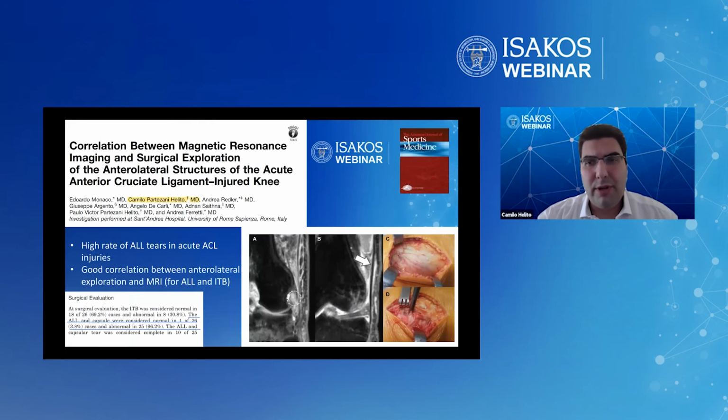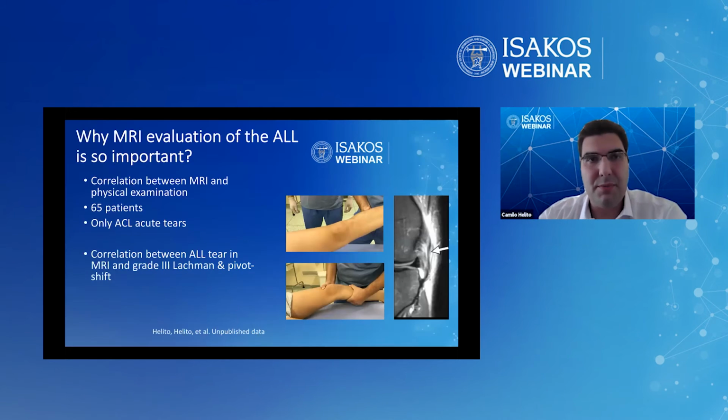We also did a correlation study, again together with Eduardo and Professor Ferretti, showing that there was a high rate of ALL tears in acute ACL injuries using anterolateral exploration. And we found a good correlation between anterolateral exploration and MRI, showing that MRI is a good tool to evaluate the injured ALL and also the injured ITB.